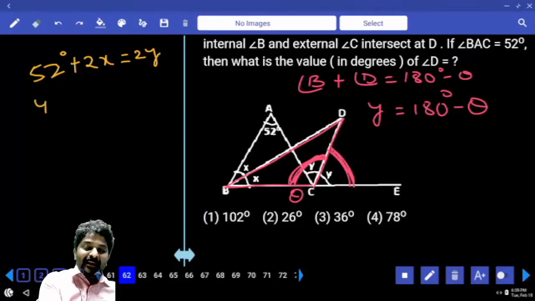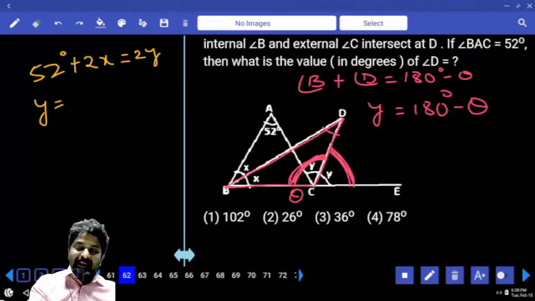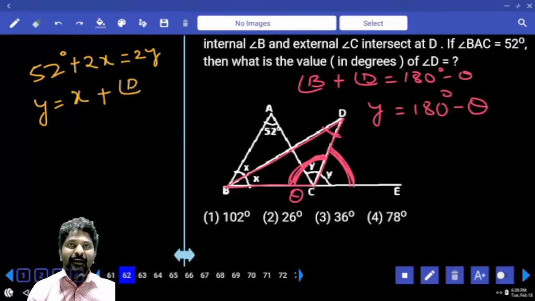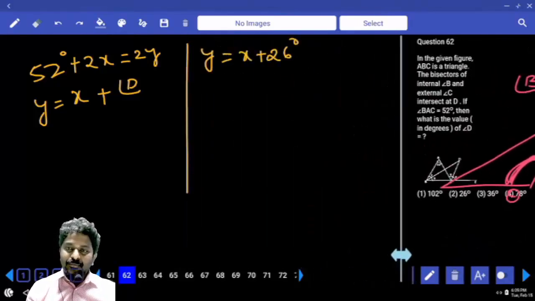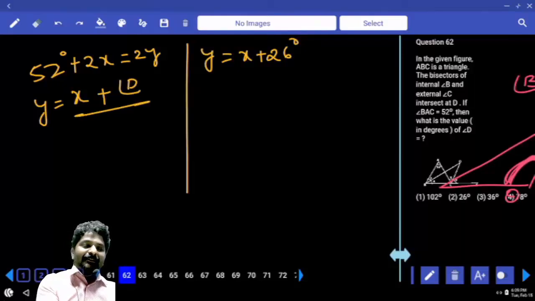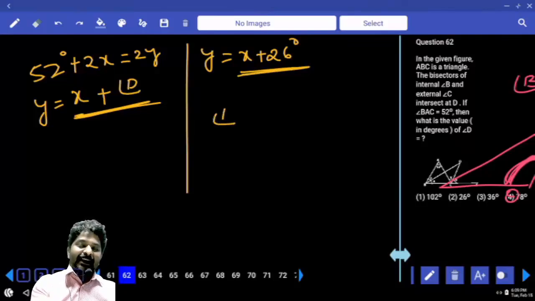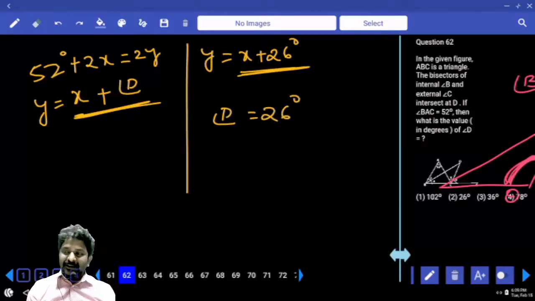Then angle y is equal to, let me treat angle at D, x plus angle at D. So now y is equal to x plus angle at D, and here y is equal to x plus 26 degrees. From this, angle at D must be equal to 26 degrees only. Yes, that's your question.